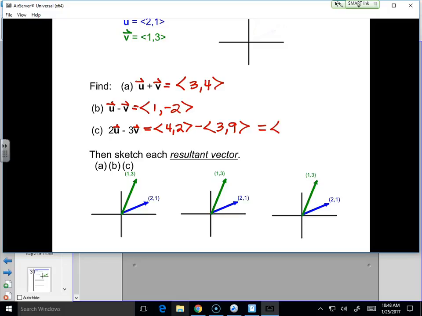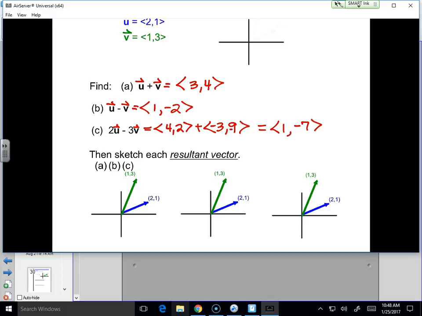So we end up with 4 minus 3 is 1, 2 minus 9 is? Careful. One vector minus another. We could think of it as one vector plus a negative times, and doesn't a negative distribute, so both of the components are negative? Does that make sense?